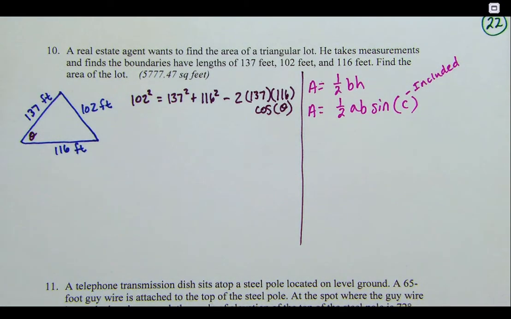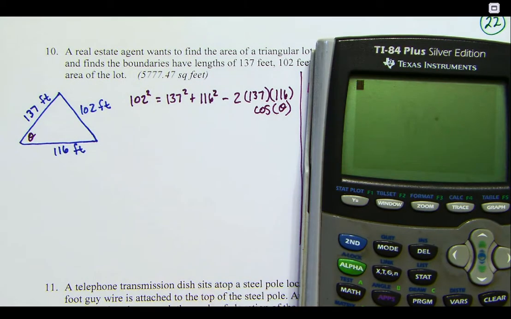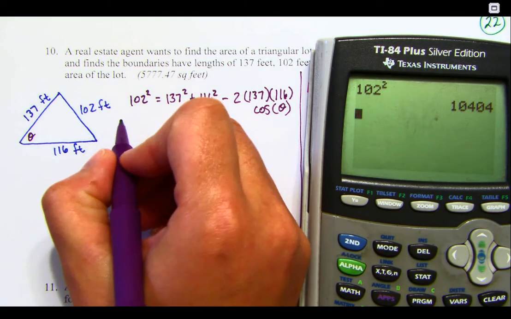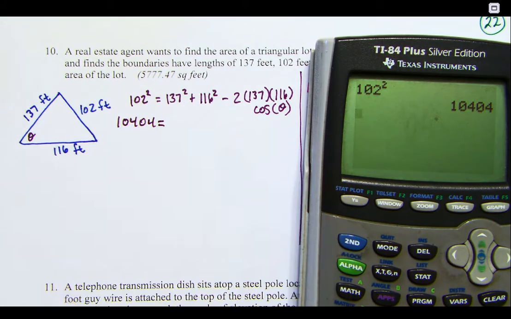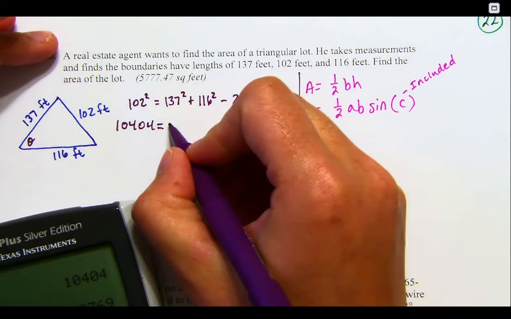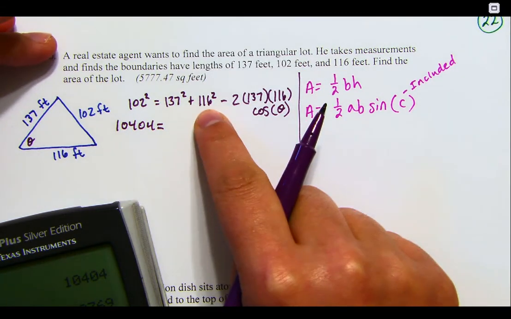So I'm just going to start by simplifying things. Again, on my calculator, I'll just be typing in some of those calculations. So 102 squared is 10,404. Then 137 squared, and I'm just going to add that to this right away.